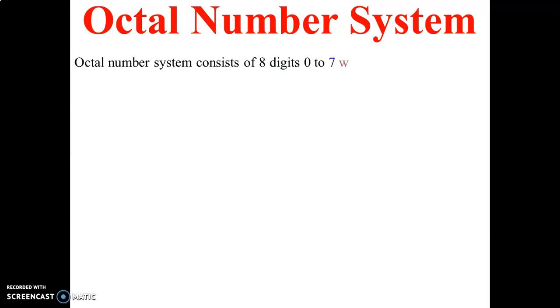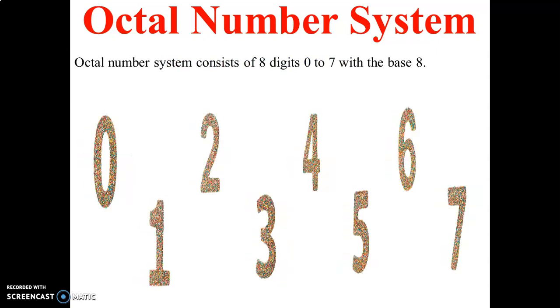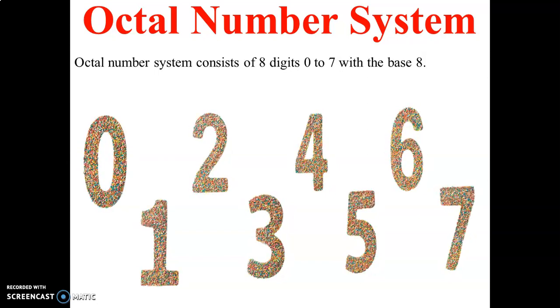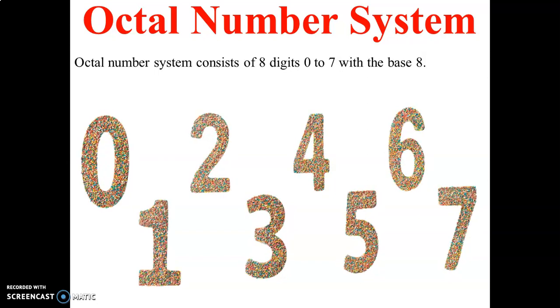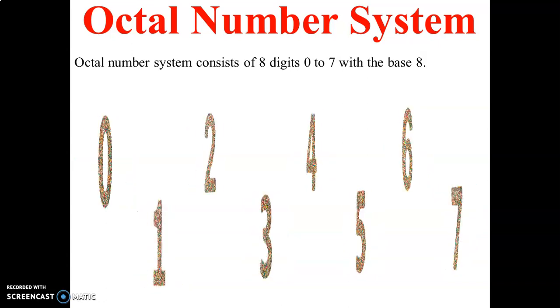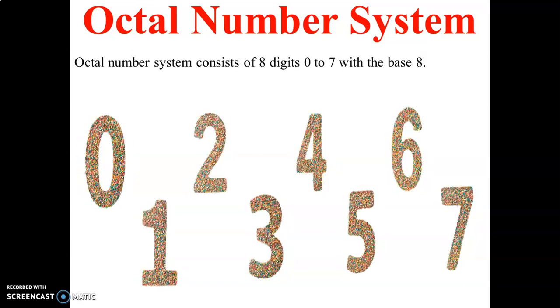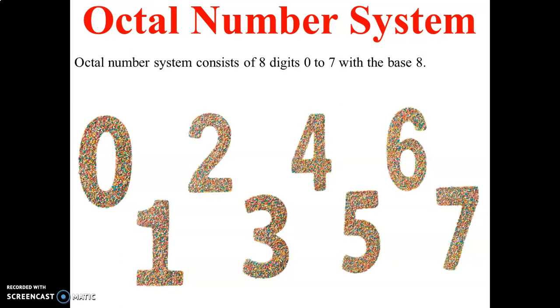The octal number system consists of 8 digits from 0 to 7 with the base 8. The concept of octal number system came from the Native Americans, as they used to count numbers by using the space between their fingers rather than using their fingers.